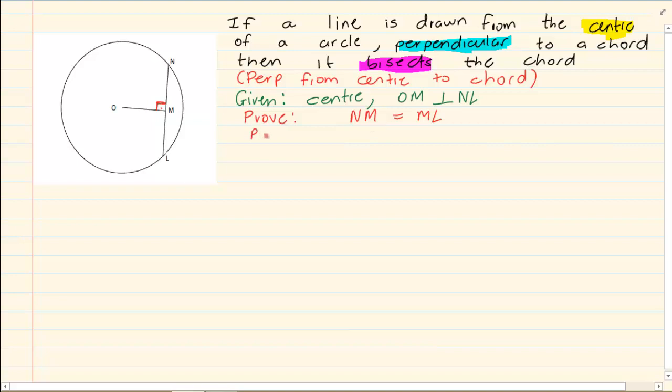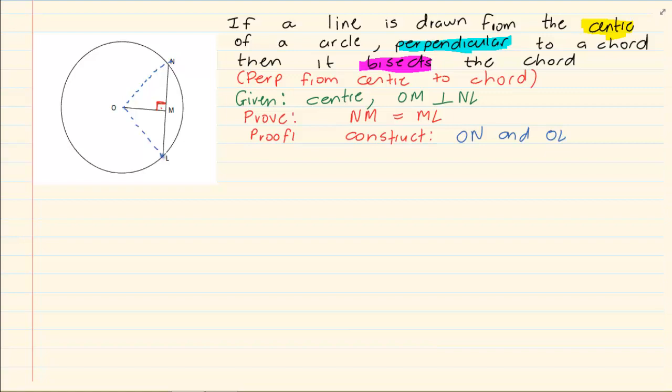How do we start doing this? First, we're going to construct. We are going to construct line ON and line OL, remembering that these are radii.